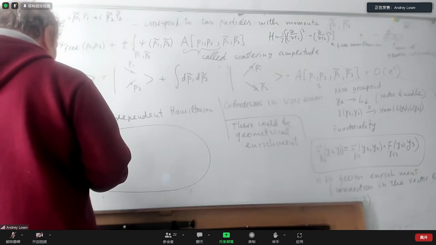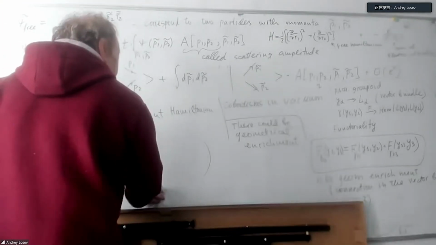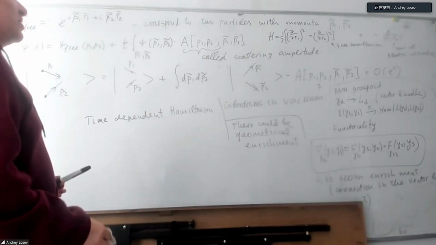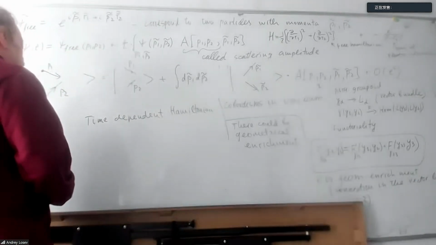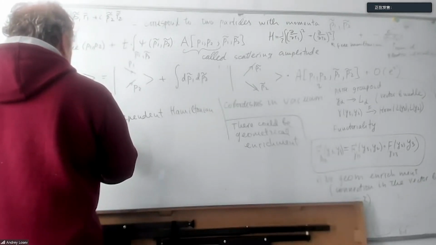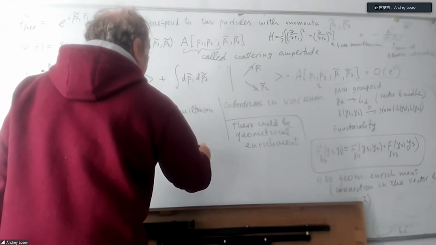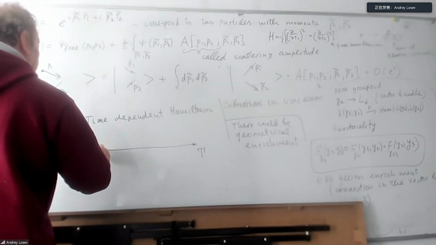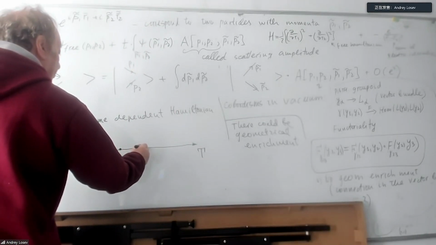So time-dependent Hamiltonian is understood in the following way. I am just struggling to write down a proper picture. Here is the time that I call capital T. Here is our point, again our point, again our point.